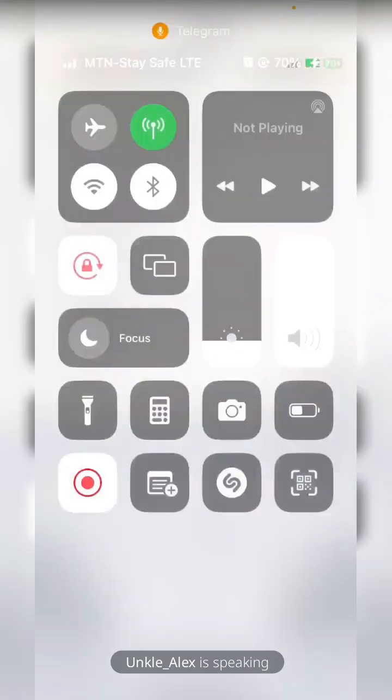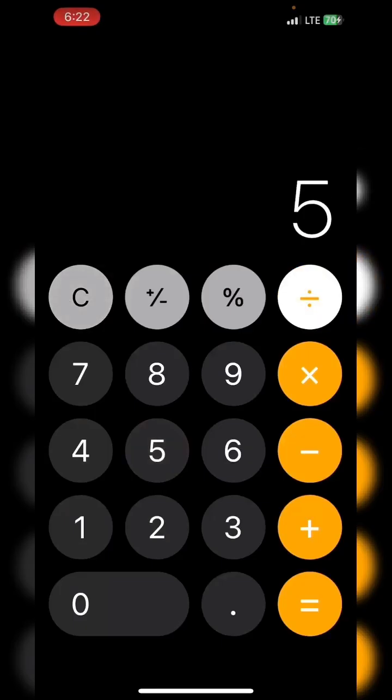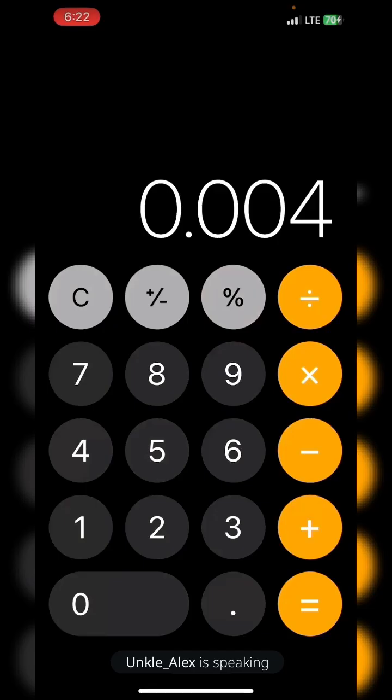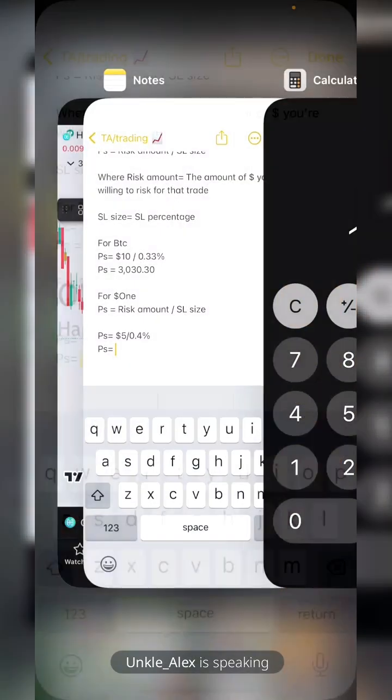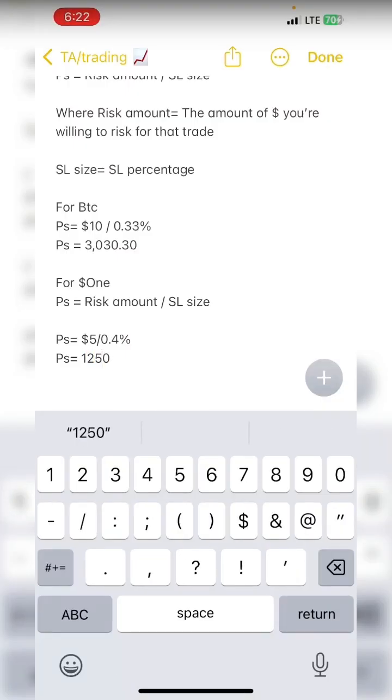Let's calculate it. So it's my calculator. $5 divided by 0.4%. 5 divided by 0.4%. That is 1,250. 1,250. So now, this is our position size.